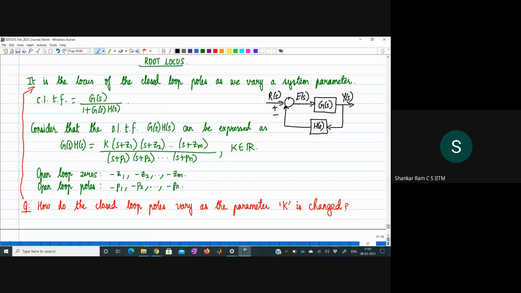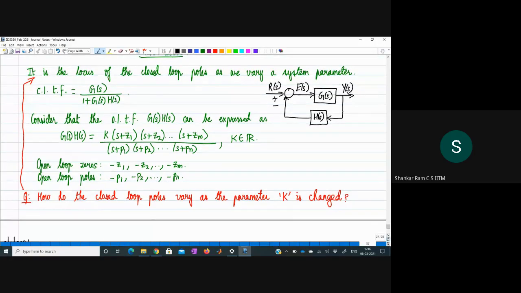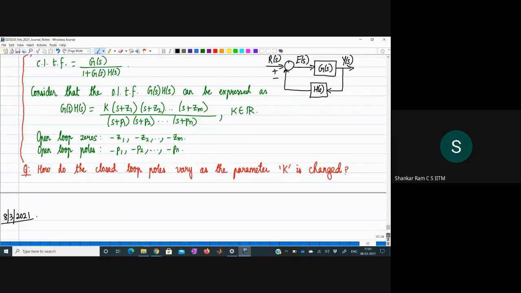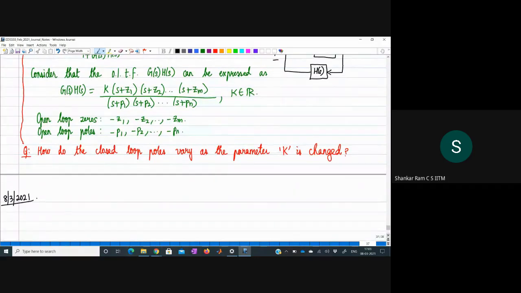That is, we should be in a position to write the open loop transfer function as some K times (s plus z1) all the way till (s plus zm) divided by (s plus p1) all the way till (s plus pn), where K is some real number, minus z1 through minus zm are the open loop zeros, and minus p1 through minus pn are open loop poles.